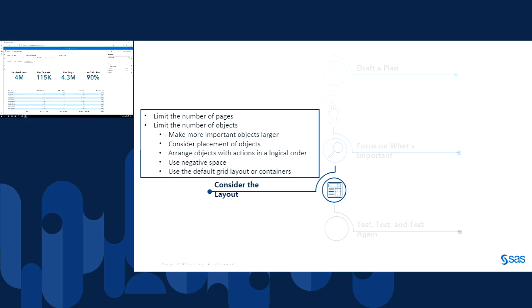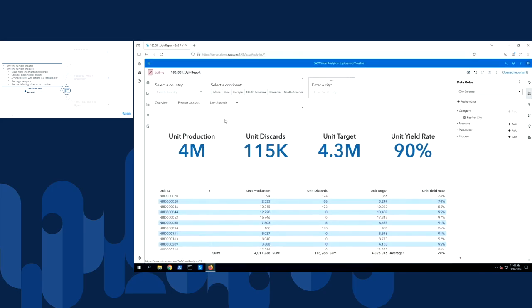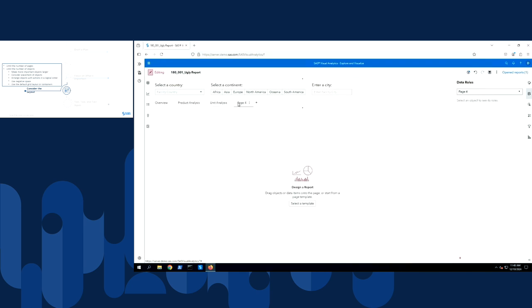Okay, so we're going to start by organizing the pages a little bit. Typically, what I like to do when I build a report is have a page that describes the report. I generally call it table of contents or something like that. So I'm going to add a new page to this report.